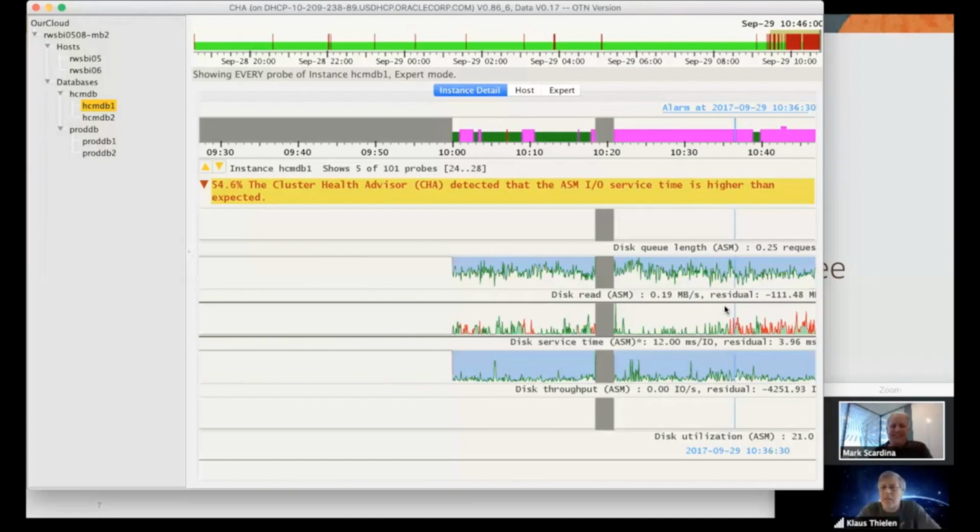Therefore, we have a way to calibrate the models on certain workloads, or on a system where the customer knows this is a case where the system is working well. The data in our precompiled models may not fit, so we can change that by calibrating the model to their workload.